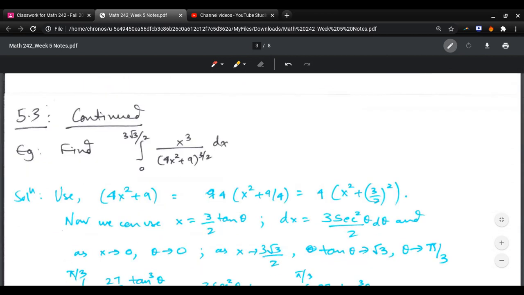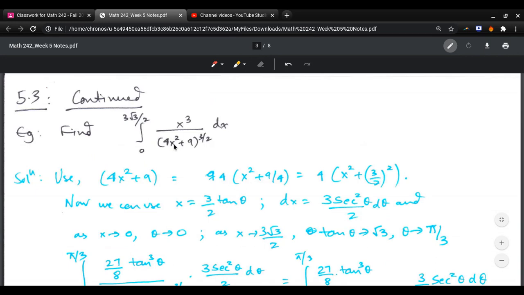Another example is an example with tangent here, because this is of the form a squared plus x squared, where a equals something that I need to find in this case. It's kind of like a squared plus x squared, which means it's tangent, etc. But it's not really x squared, it's 4x squared.